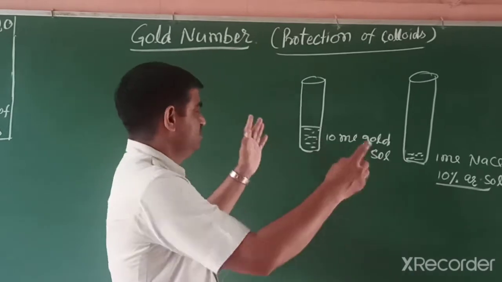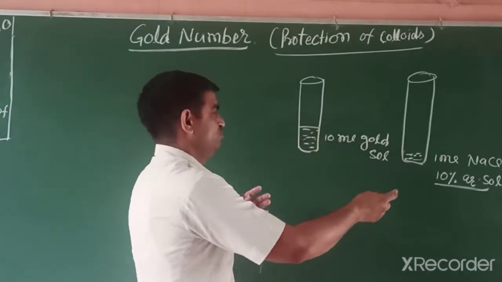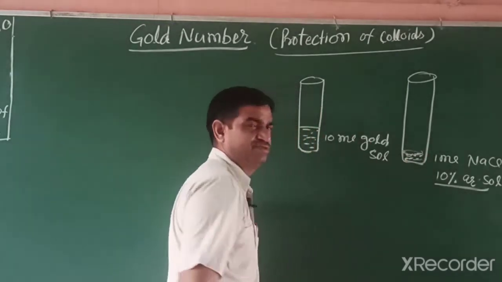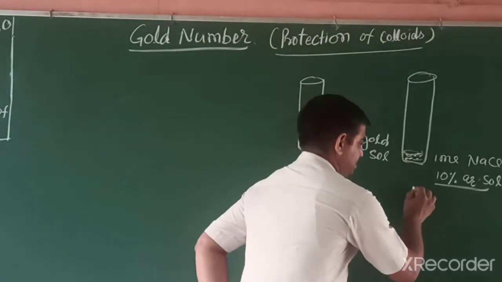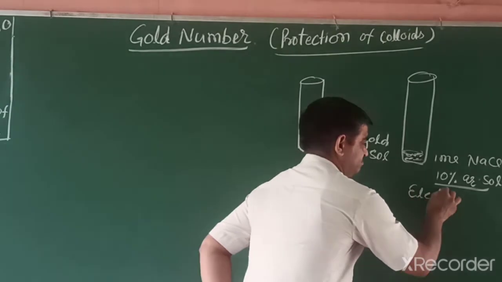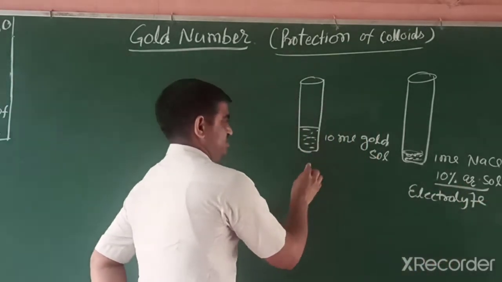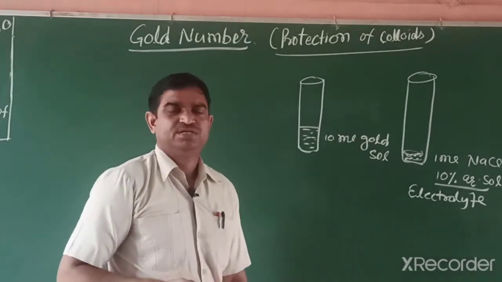Students, in this 10 ml gold sol we add 1 ml sodium chloride as an electrolyte. This one acts as an electrolyte, and this one is a gold sol.